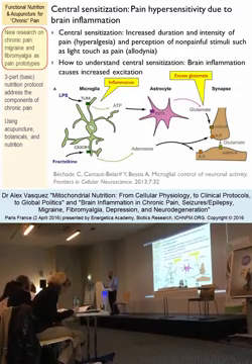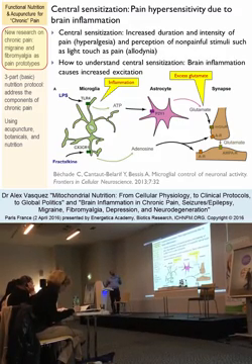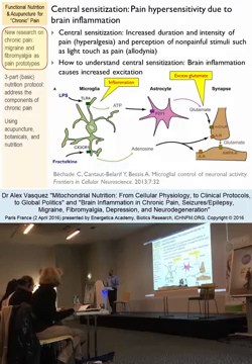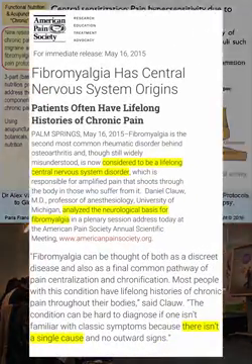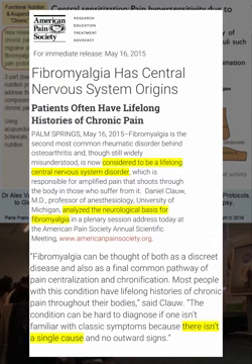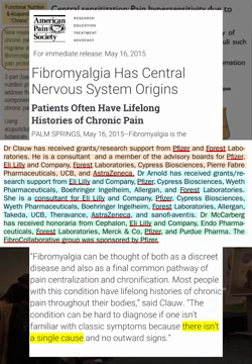All right, so this is a great diagram here. So let's talk about central sensitization, right? So the drug companies want you to believe that chronic pain is a result of central sensitization. That's what gets published in the research. That's what gets published in the review articles, that chronic pain is a result of central sensitization.